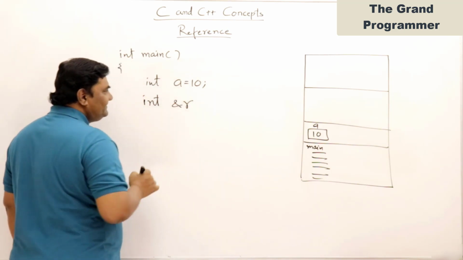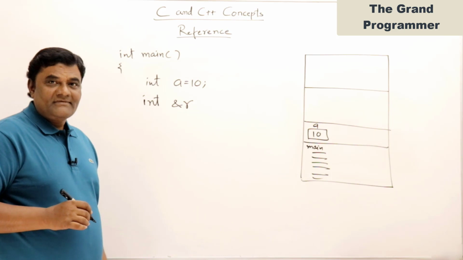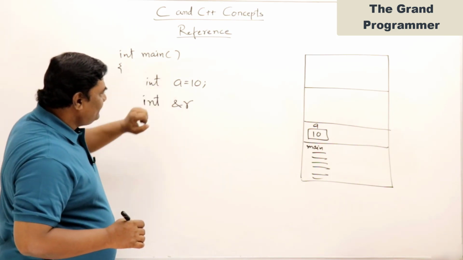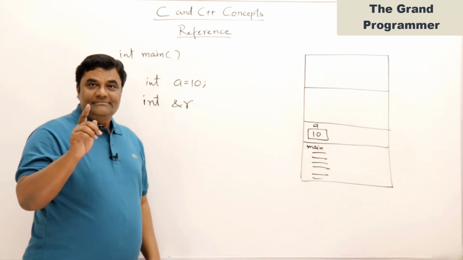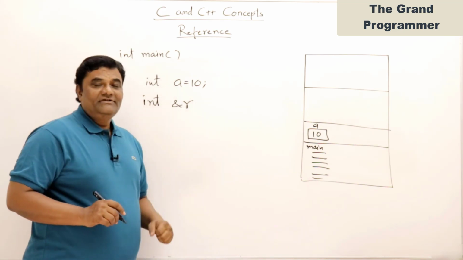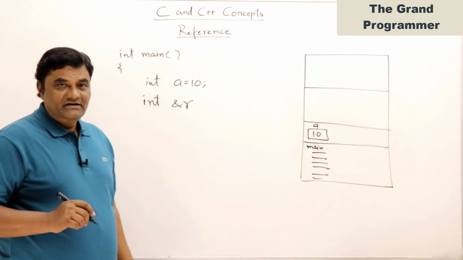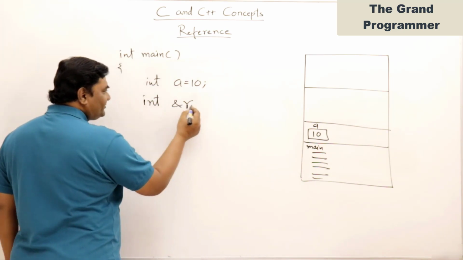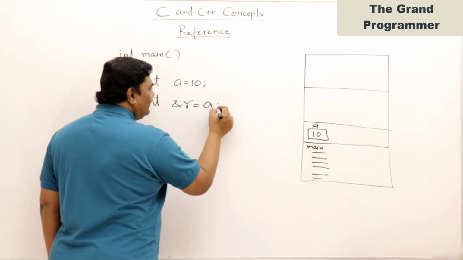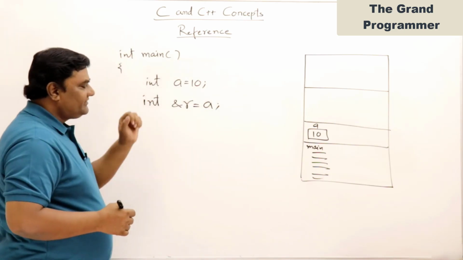Write an ampersand just before the variable name. See, nothing before the variable name, it's a data variable. Star before the variable name, it's a pointer. Ampersand before the variable name, it's a reference. Now this reference must be initialized when declared. This is the declaration and it is assigned with A. So this is initialized with A.